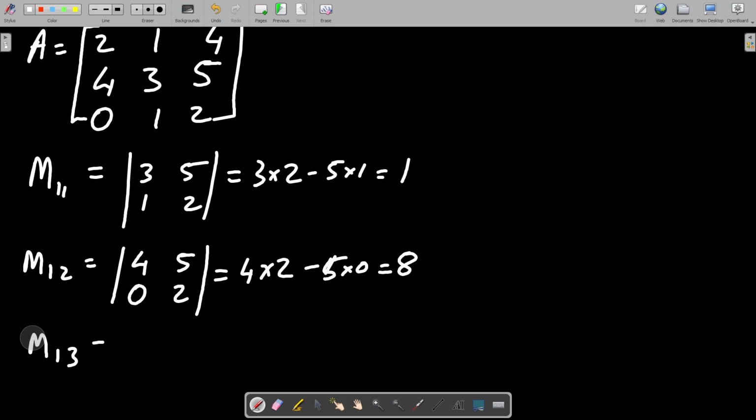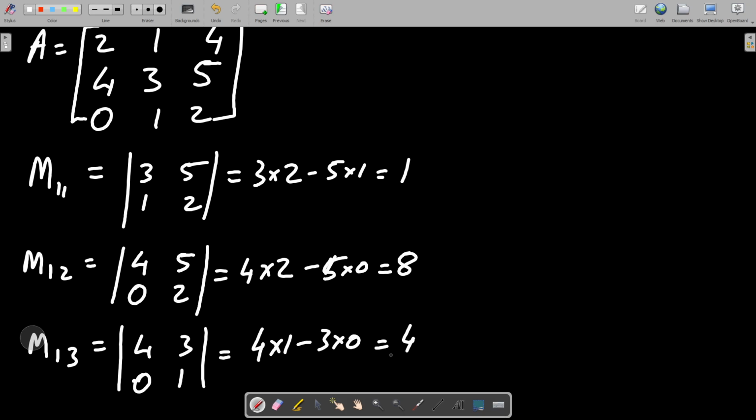M13. So this is going to become... Next we'll do here M21.